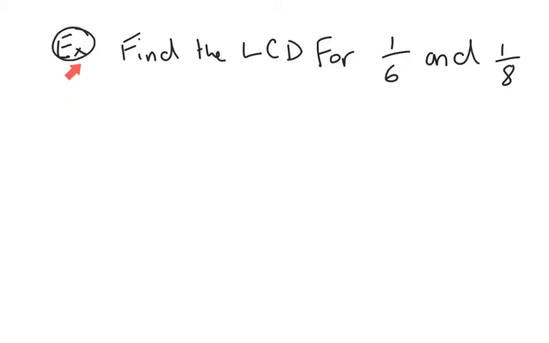The first question we're going to look at is finding the LCD for 1 over 6 and 1 over 8. As you can see, the denominator over here is 6 and the denominator over here is 8. To find the LCD of 1 over 6 and 1 over 8, we actually have to find the lowest common multiple of 6 and 8.